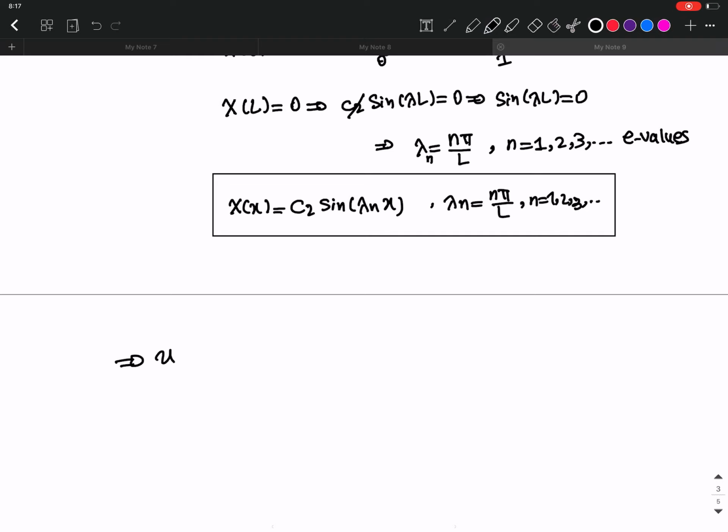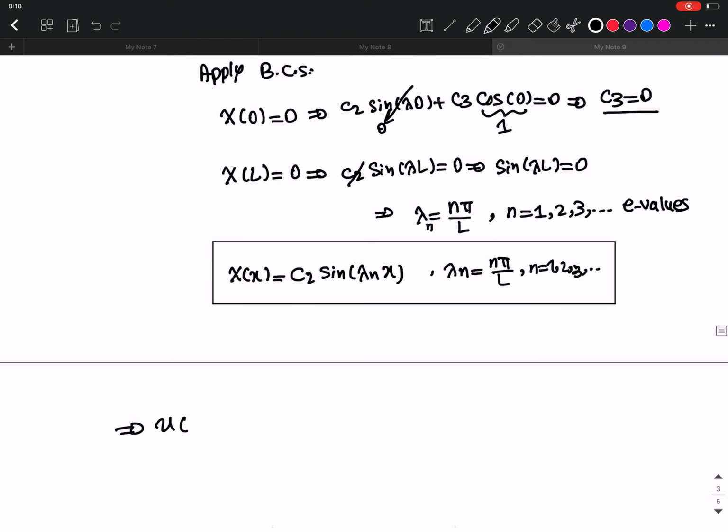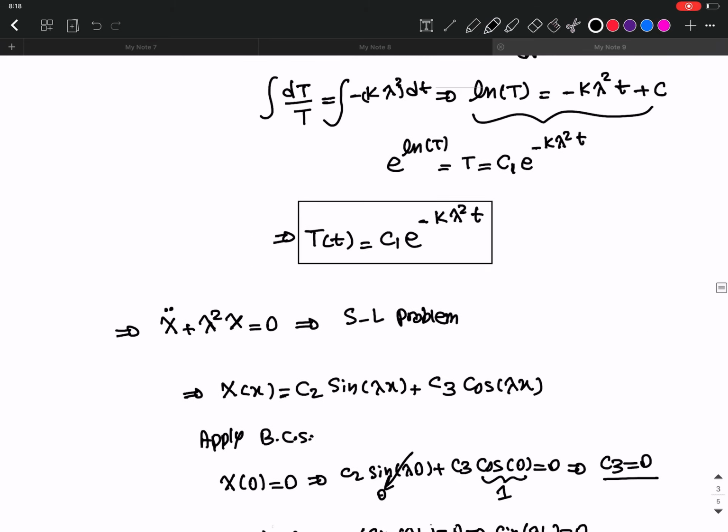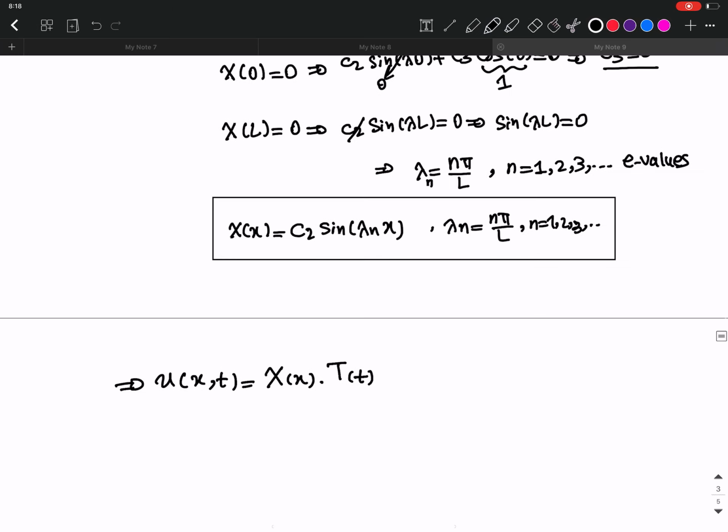I'm going to write u of x and t equals X times T, right? These two functions. And so based on these, this is c1 e to the minus k lambda squared t, and this one is X. So let me write it down.